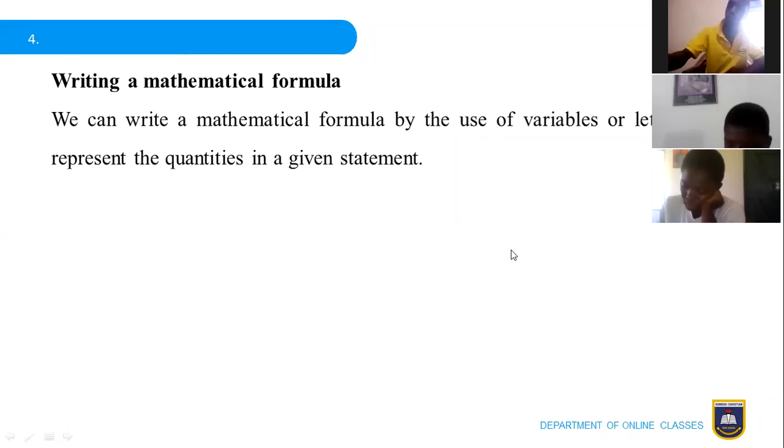By the use of variables or letters to represent the quantities in a given statement. Good.